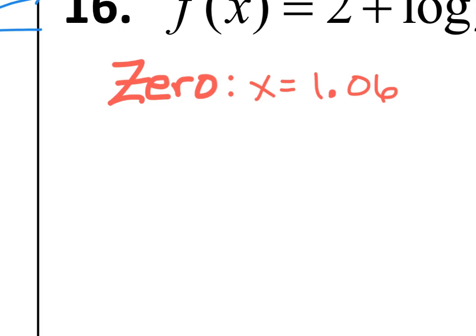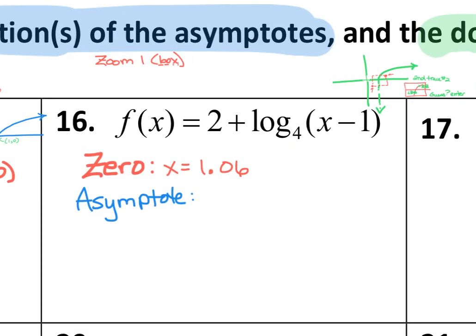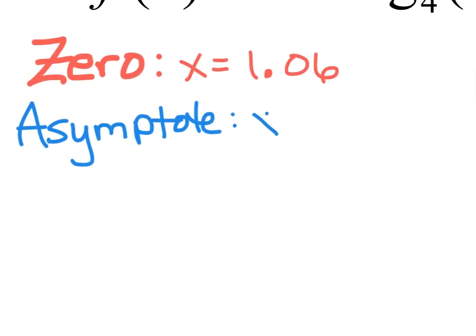The next question you're asked about is the asymptotes. Remember that a logarithmic function has a vertical asymptote, and in this case, it's shifted over to the right one, so that's going to be x equals 1.